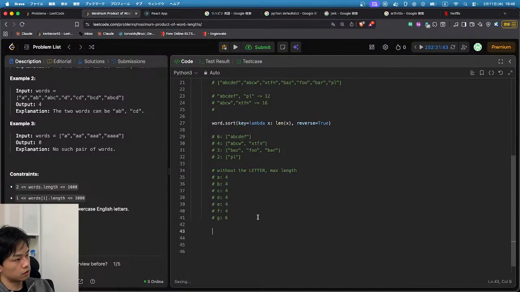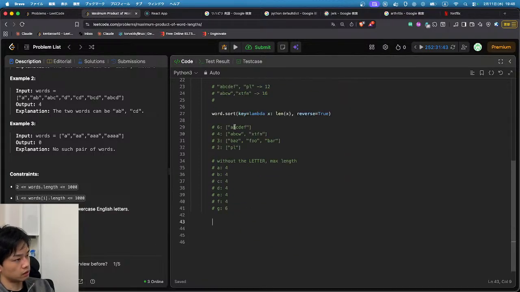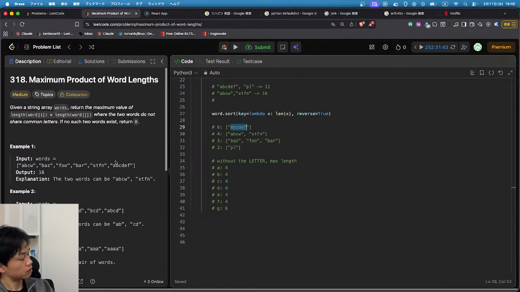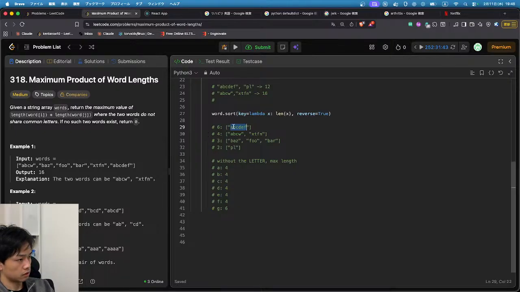To think it in a different way, let's find out the common letters. Common letters.